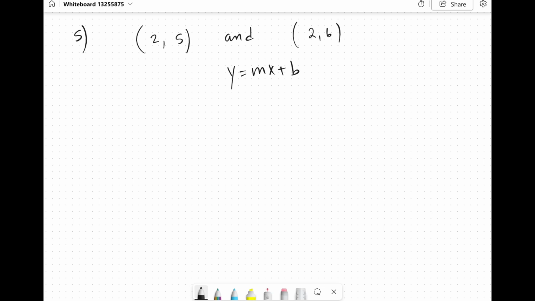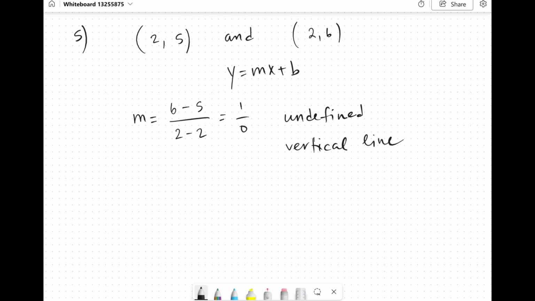Let's go ahead and find the slope. That's 6 minus 5 over 2 minus 2, so that's 1 over 0. If you put this on a calculator, it will give you an error message. You cannot divide by 0, so the slope is actually undefined, which means the line is vertical.